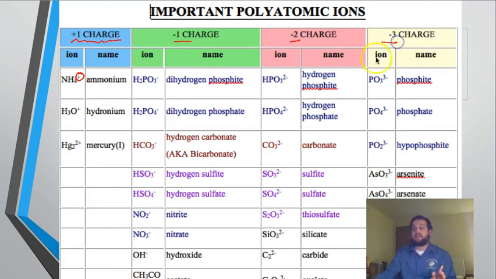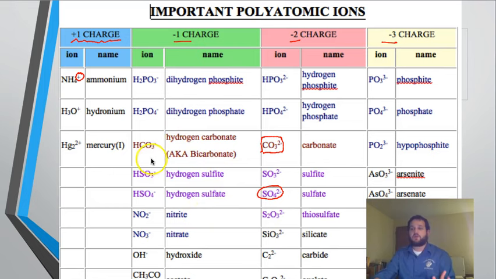Okay, but that contains things like carbonate, CO3, -2, which we saw on the other page, or sulfate, SO4, -2, right? Some of the other really common ones are nitrate, carbide we see every once in a while, hydroxide, and the list goes on and on.